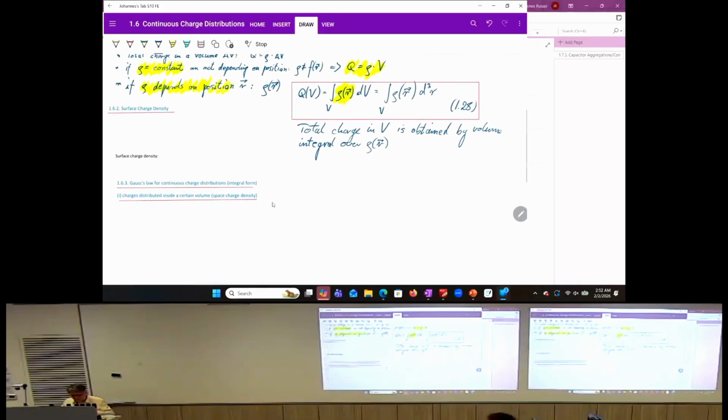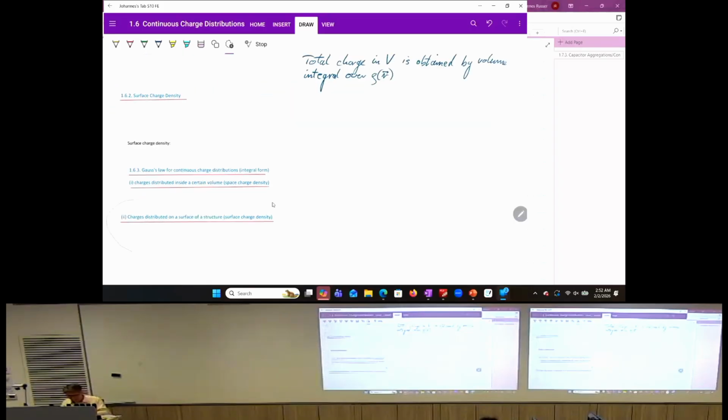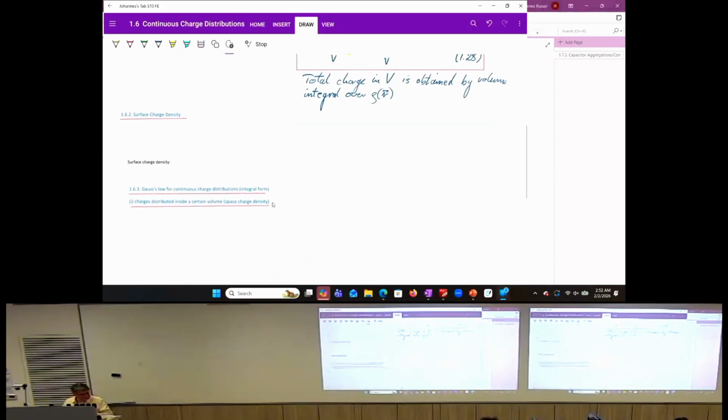Now, you can also have a different scenario where you don't have a charge density per volume, but a surface charge density. The volume charge density we denoted with a rho. We use a different letter for the surface charge density, and that shall be our sigma.